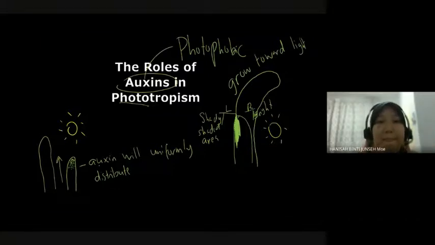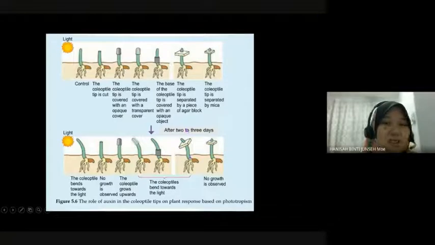Okay. Now we go to this diagram, it's on page 105. This is more like an experiment lah to prove that fact, to prove how auxin plays an important role in phototropism. Okay, so di atas ni adalah before, di bawah ni adalah after.